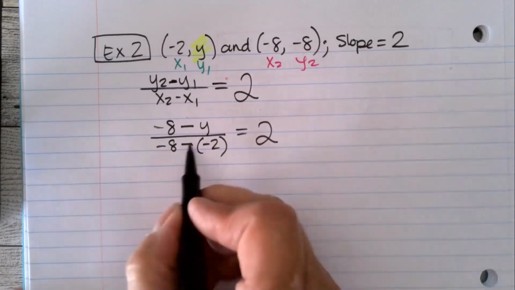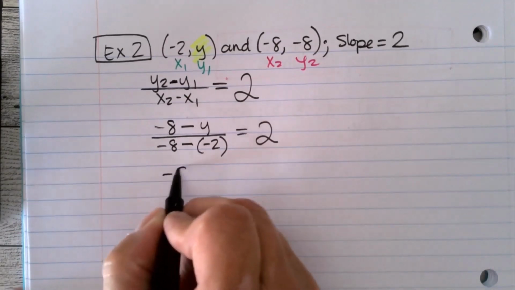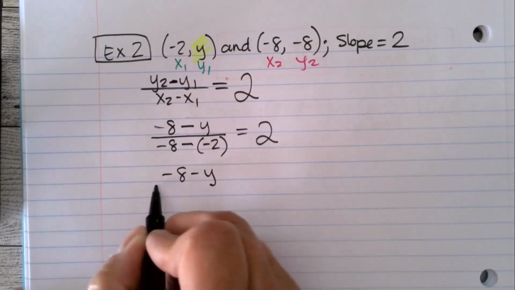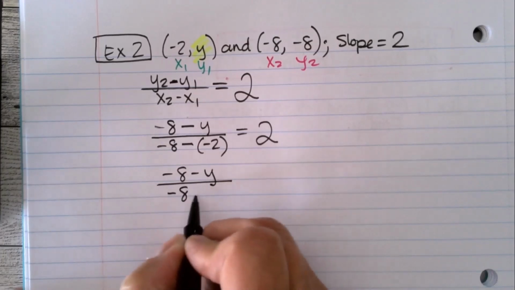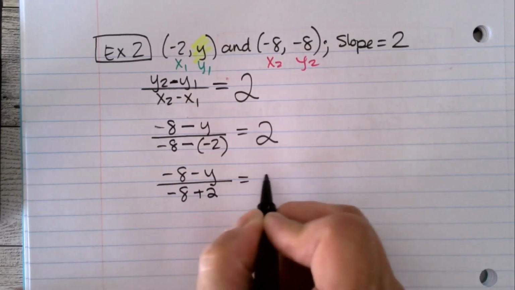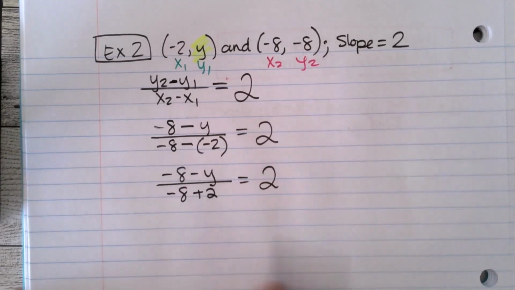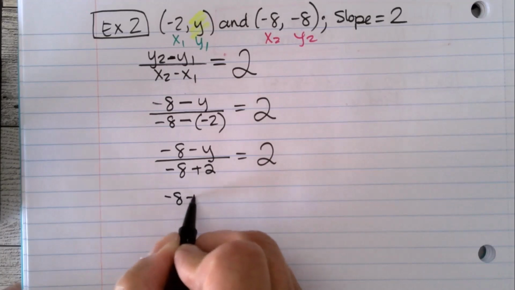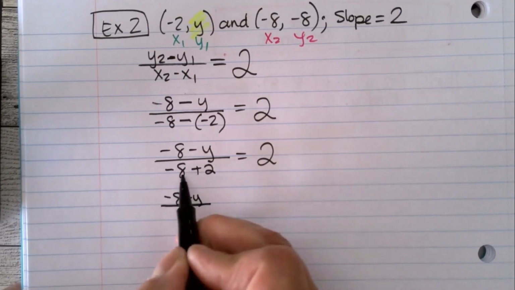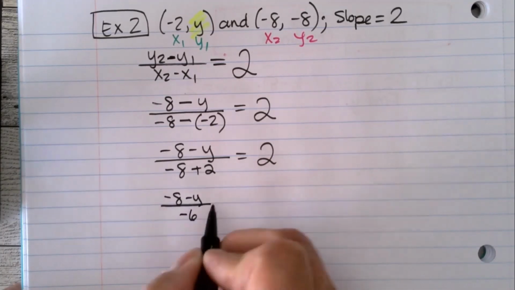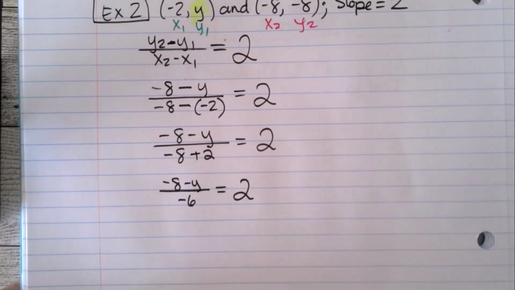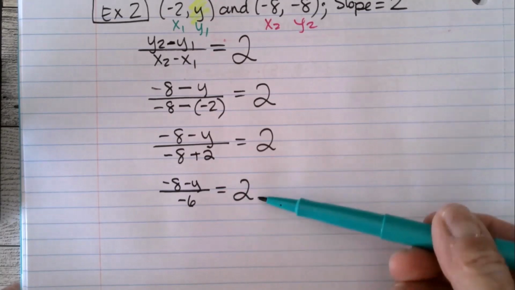That'll turn into a plus. So we have (-8 minus y) over (-8 plus 2). That equals 2, because a minus a negative is a positive. So I have (-8 minus y) over -6, since -8 plus 2 is -6. And that equals 2. Okay, from here, we have an equation that has a denominator equal to a whole number.